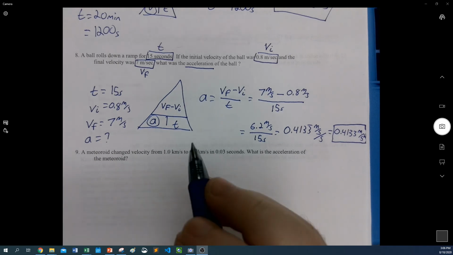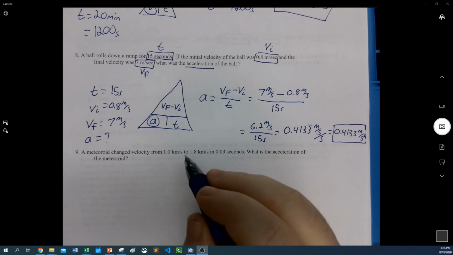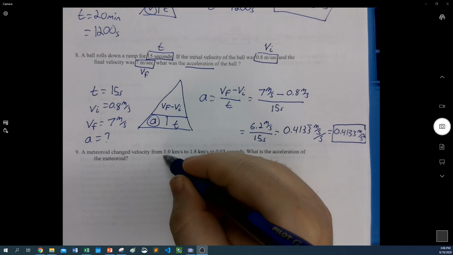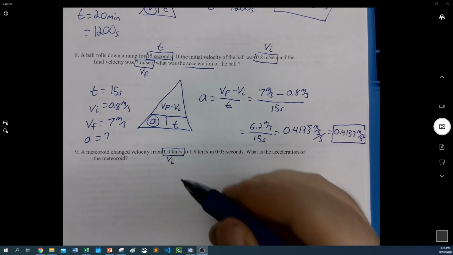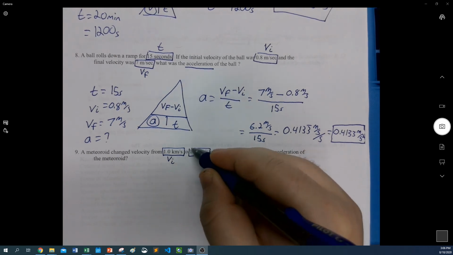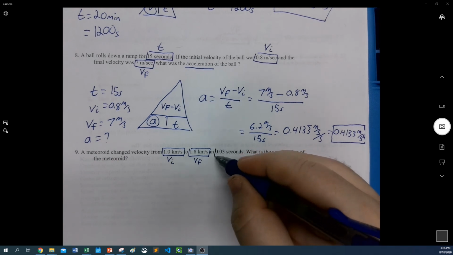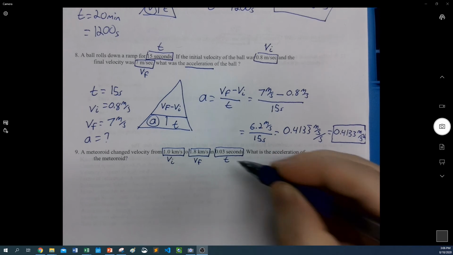So number 9, a meteoroid changed velocity from 1 kilometer per second, so that's our Vi, initial velocity, to 1.8 kilometers per second for final velocity in a time of 0.03 seconds.